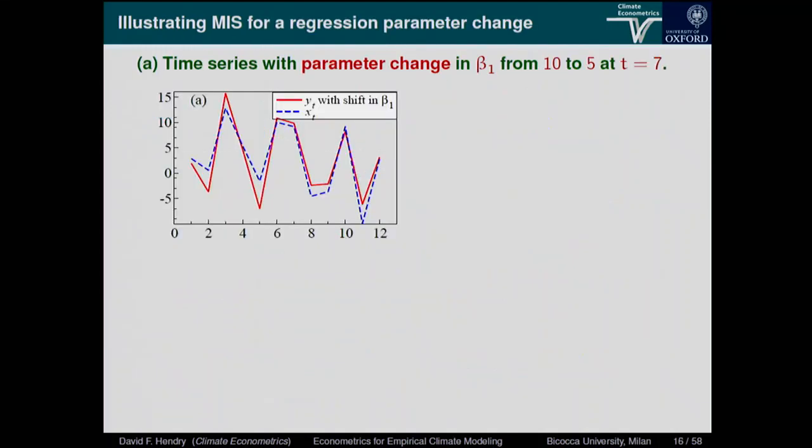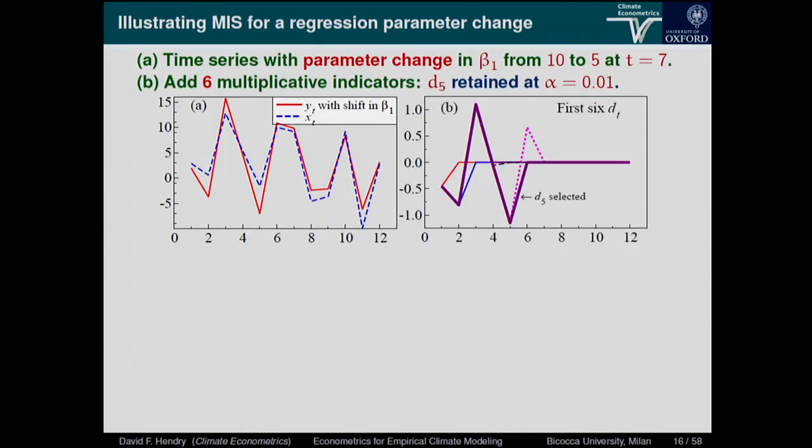So let's move to the graph that might explain this. So this is the non-constant beta, but you've just fitted a constant model. And it doesn't look too bad, but if we put in this split half approach, there's 11 indicators here. So I put in the first 6. It picks up number 5 and says, oh, there's a shift at 5.